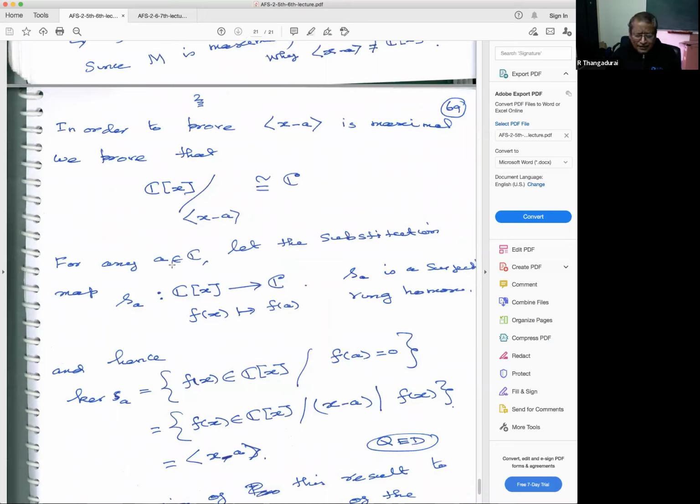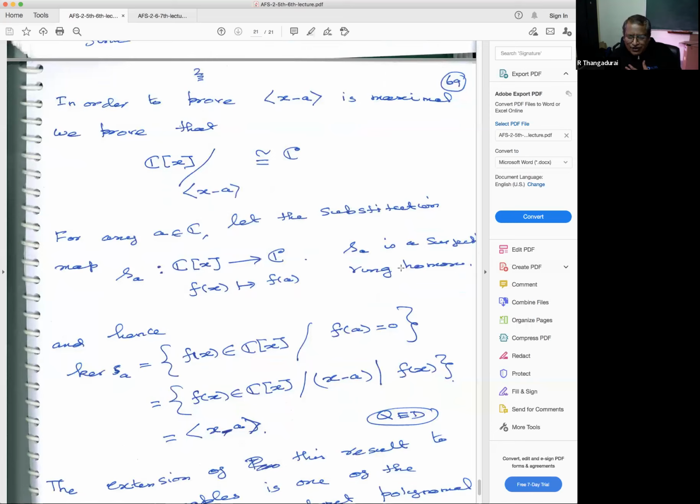For any given a in C, let the substitution map S_a from the polynomial ring C of x to the complex numbers C. S_a is a surjective homomorphism, because for any given b complex number, we can get the constant polynomial in C of x which maps to it. Therefore, it's a surjective ring homomorphism.